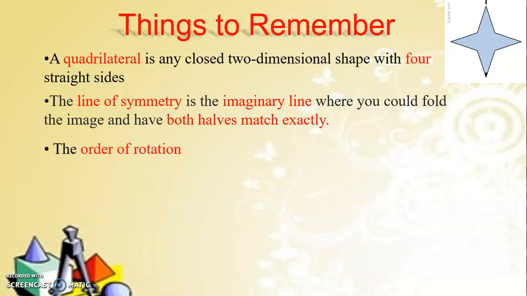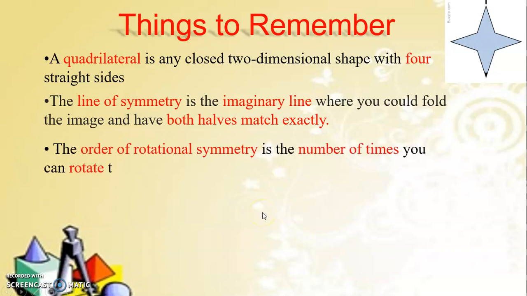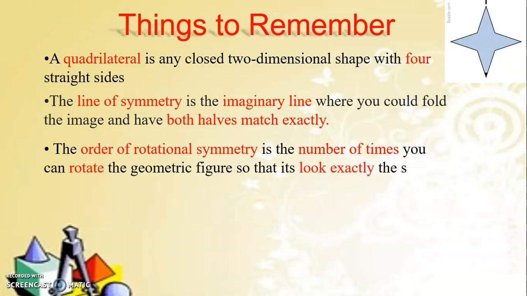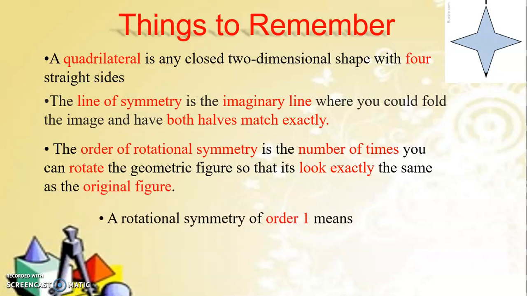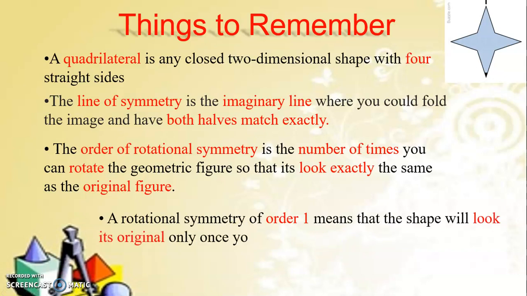Next, the order of rotational symmetry is the number of times you can rotate the geometric figure so that it looks exactly the same as the original figure. So, a rotational symmetry of order 1 means that the shape will look like its original only once you rotate it 360 degrees.